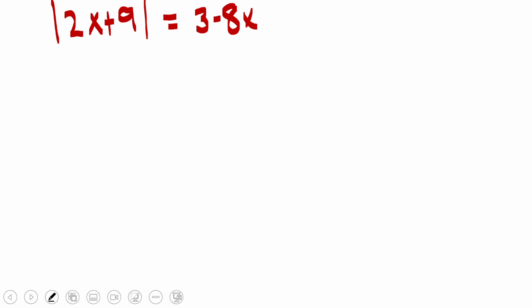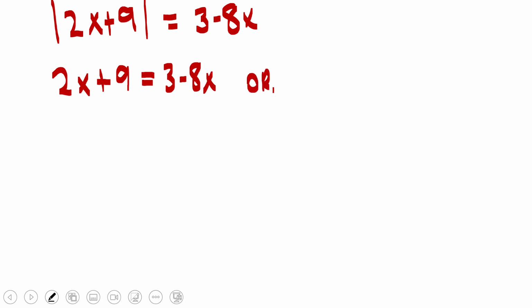So if we drop the absolute value symbol, we're going to get two equations. We're going to have 2x plus 9 equals 3 minus 8x, the original equation given, or 2x plus 9 is equal to, watch what happens here, we're going to make the 3 negative but the 8 positive.